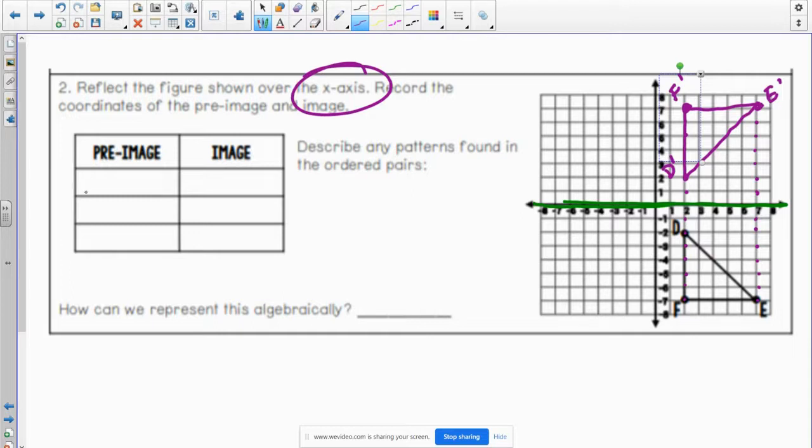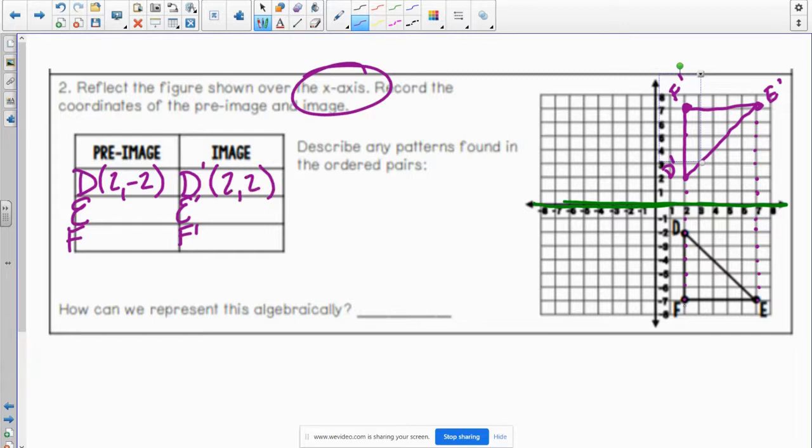We're going to put the coordinate points down here. So we'll do D, E, F, and then D prime, E prime, and F prime. So D, the original D, the pre-image was at 2, -2. And the image is at 2 and 2.